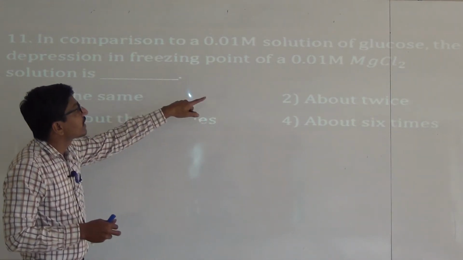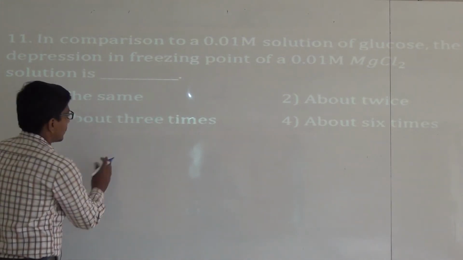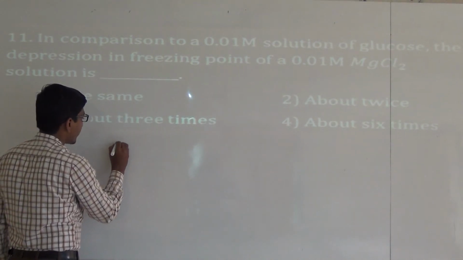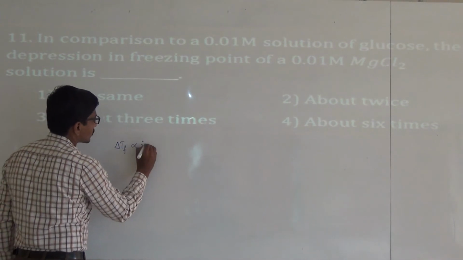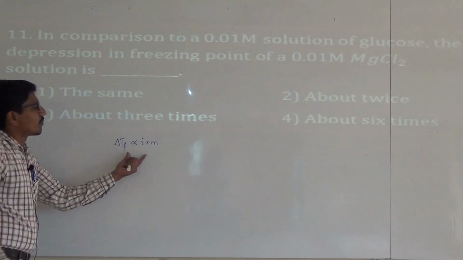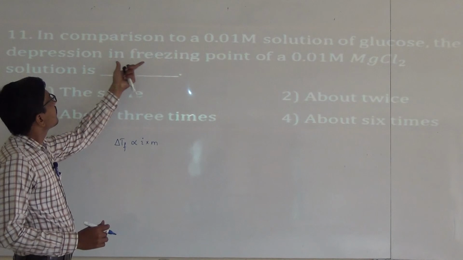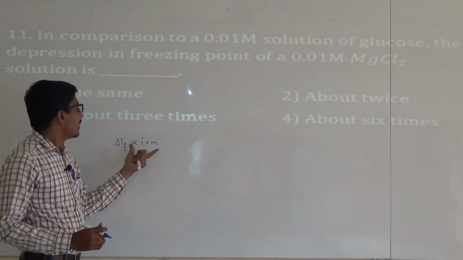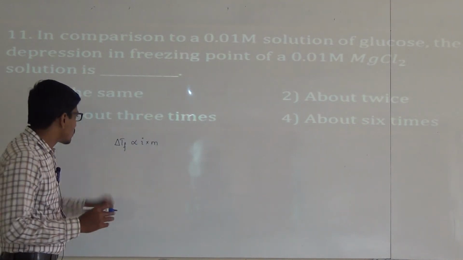Number of solute particles are more in case of magnesium chloride. Depression in freezing point delta Tf is directly proportional to i into m. Proportionality constant Kf is also constant, since both solutions are aqueous, and the Kf value for water is 1.86.